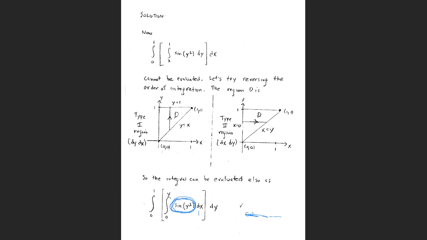It's the same for this inner integral here. We're integrating with respect to x, so we treat the y as a constant. So the antiderivative would be the sine of y squared times x. And that's what we have here.